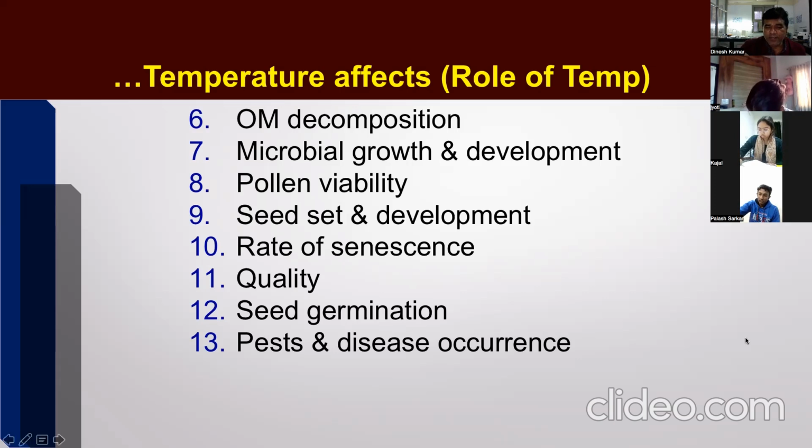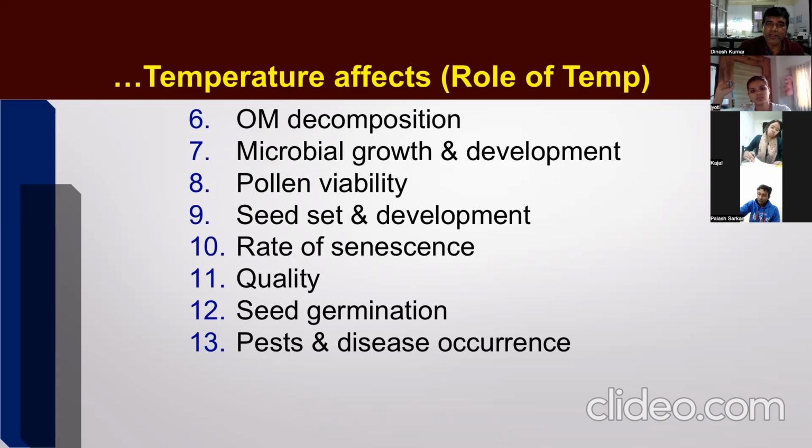Then seed germination. Temperature is necessary for seed germination. You studied in your high school that 3 conditions are necessary for germination of a seed: moisture or water, air or oxygen, and third one is temperature. You need the right temperature for germination. Some seeds like lettuce seed also require light for their germination.